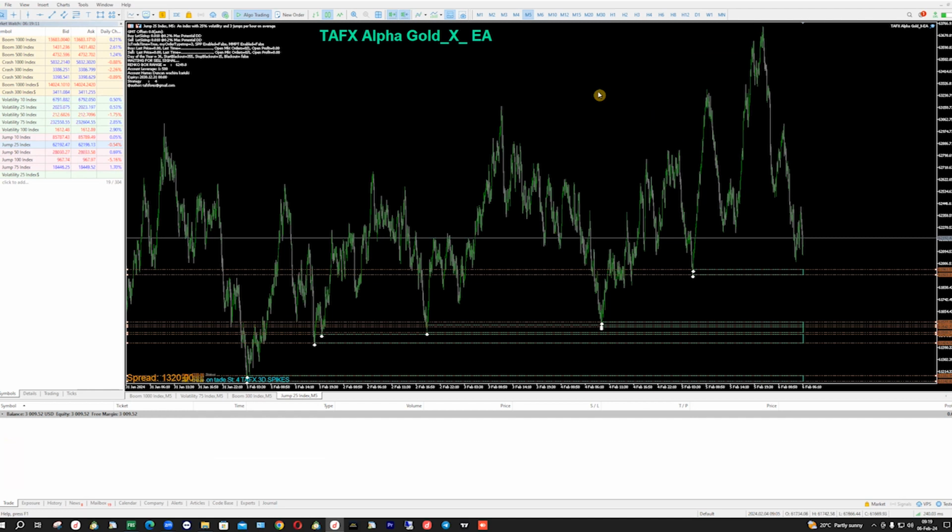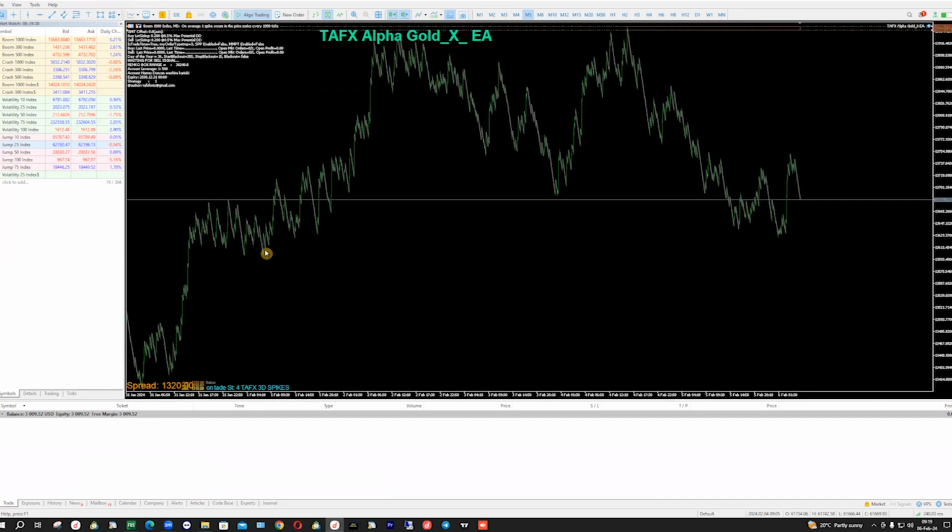So let's go again. Let me remind you of one thing about MT5, because some have this DFX Alpha Gold MT5. Let me delete this one so that I can guide you on how to set your break filter in MT5 for minute 5.